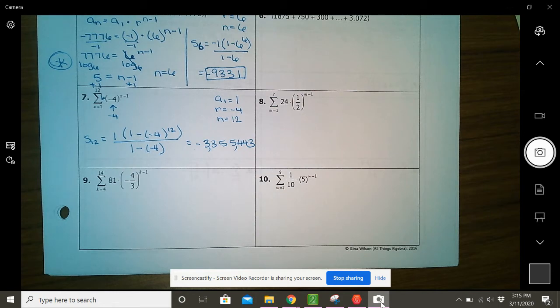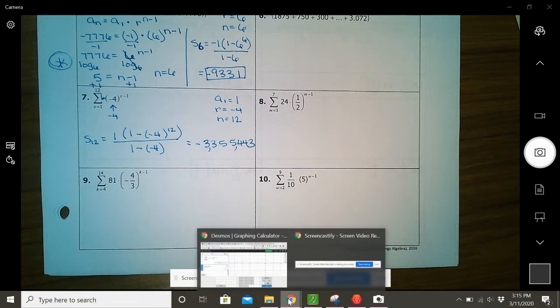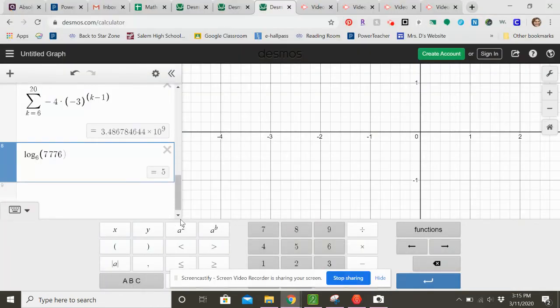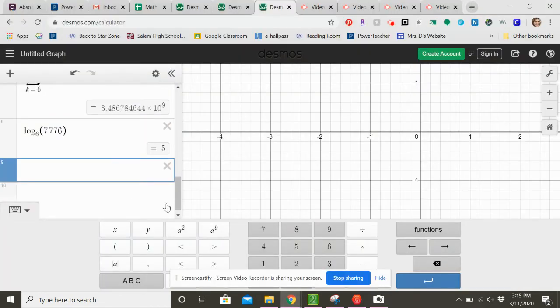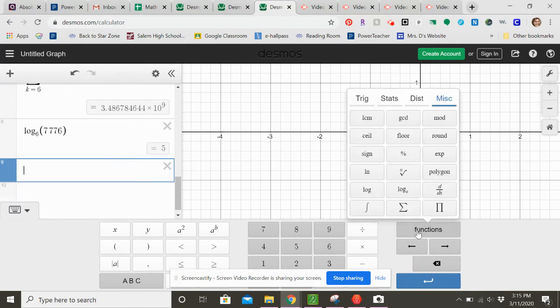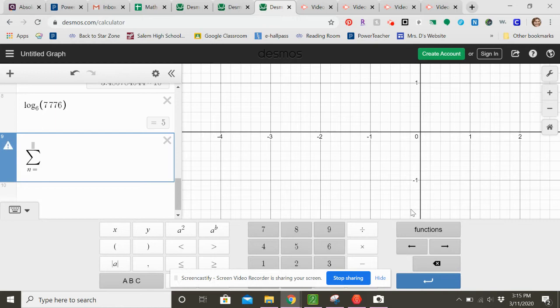I also want you to be really confident using your sigma notation in Desmos. I'm going to do that with you. Sigma notation is under the functions button, bottom row, middle column. The problem we just did uses x as a variable, so I'm swapping out n for x.